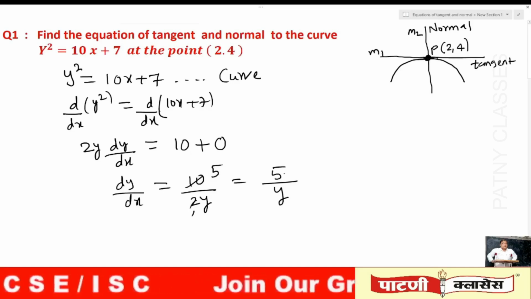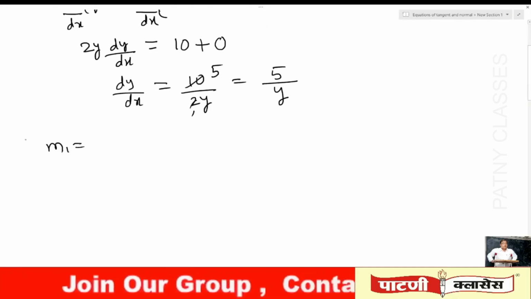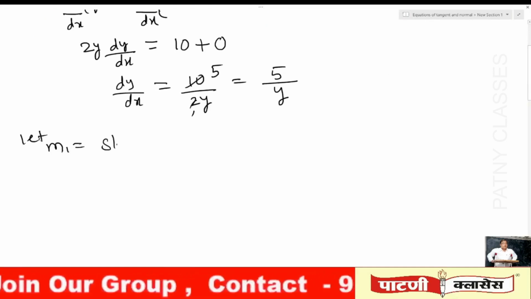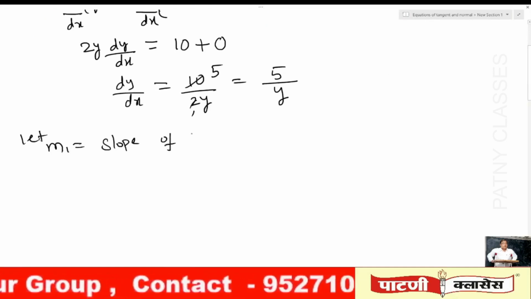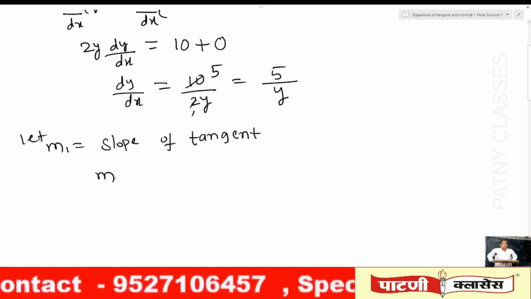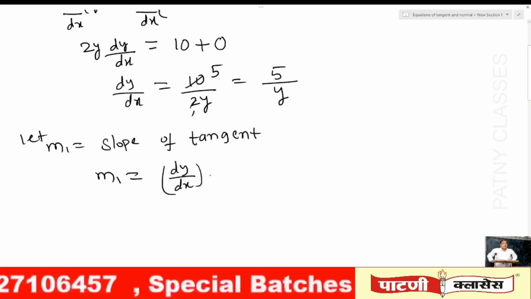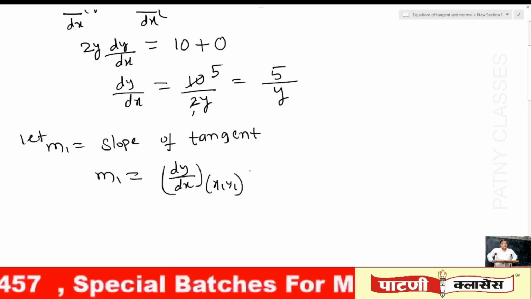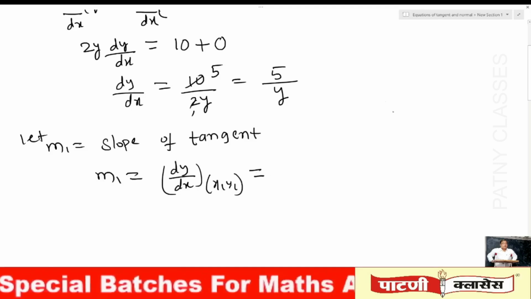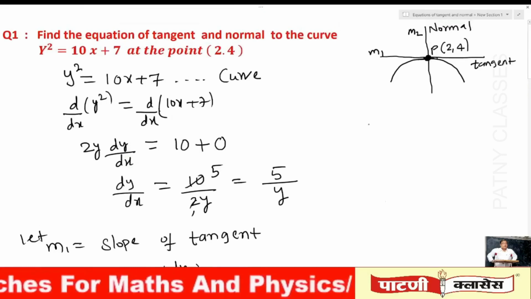So how do we find the slope of tangent and normal? Let m1 be the slope of tangent, and m1 is given by dy by dx at the point x1, y1, which is the point of contact 2 comma 4.